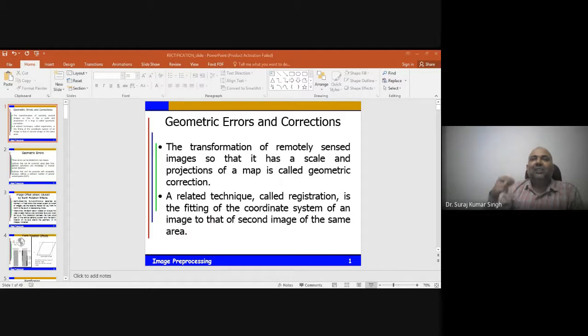Root mean square error identifies the error of each and every point that has taken part in georeferencing the image. If the total RMS error of the image is more than 0.5, or half a pixel, for example, if the spatial resolution is 23.5 meters, half a pixel is about 12 meters.